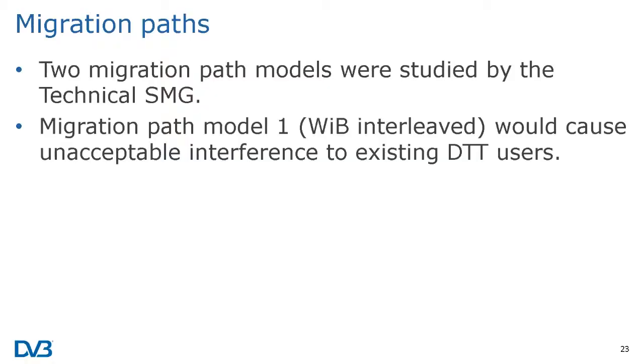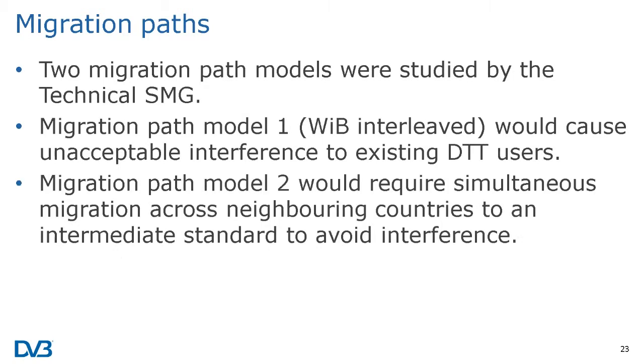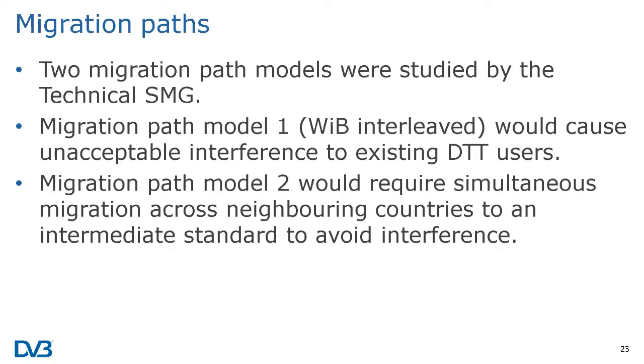They found that the WiB signals would cause unacceptable levels of interference into the existing DTT signals. So that wouldn't work. The second model would require simultaneous migration across neighbouring countries that I just mentioned a minute or two ago, and the use of this intermediate standard to avoid interference.